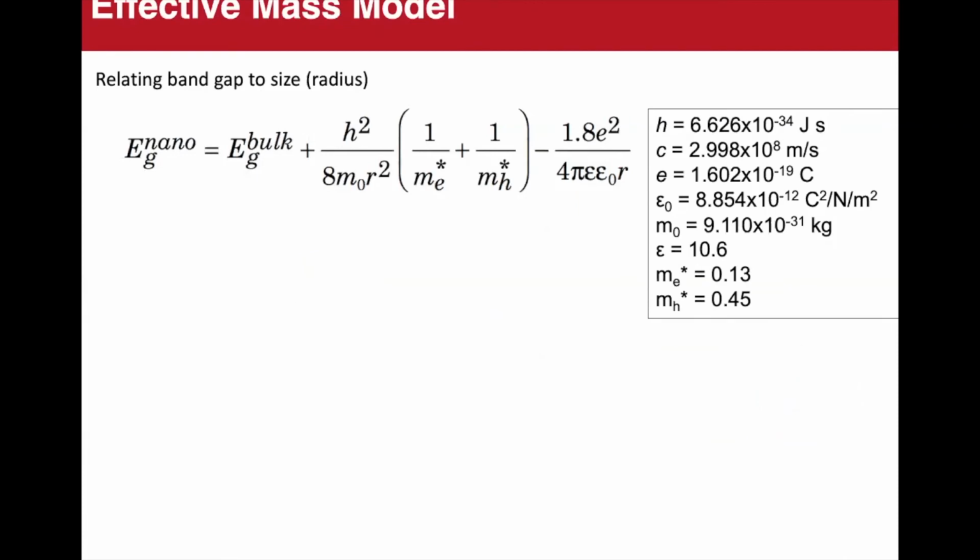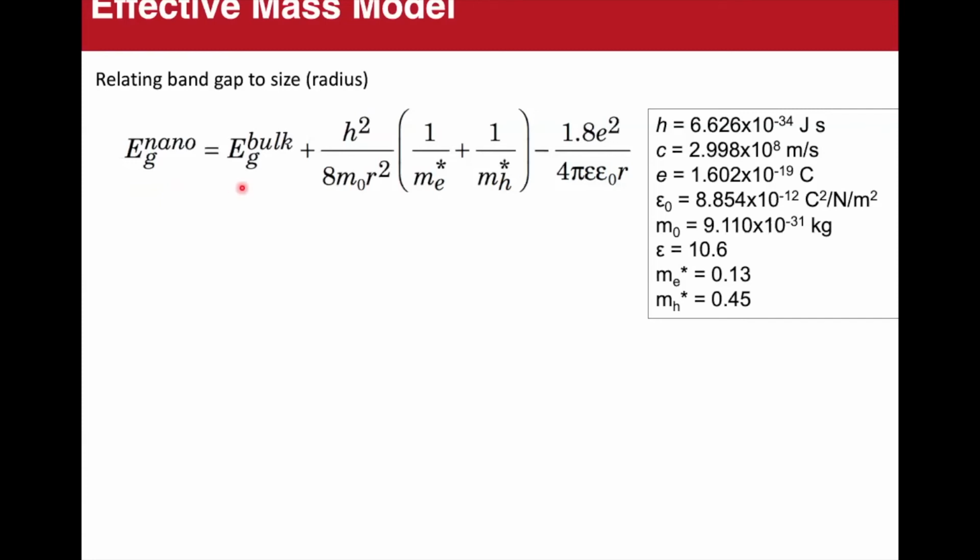So quantitatively, we can relate the band gap to the size of the particle. We can calculate the expected band gap of the nanoparticle of cadmium selenide based on its bulk energy band gap.